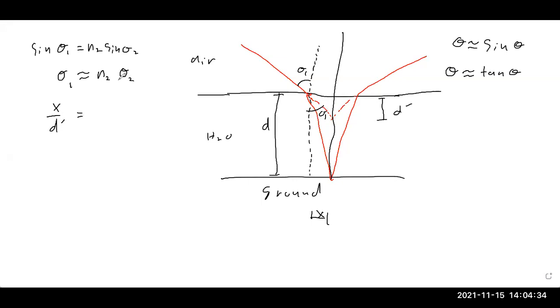And the same assumption can be used for theta 2, except its opposite is still x, but its adjacent is d.